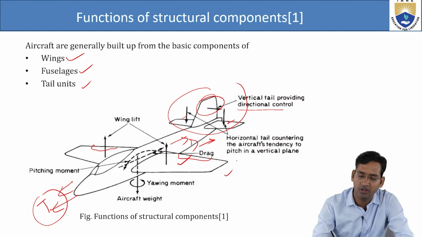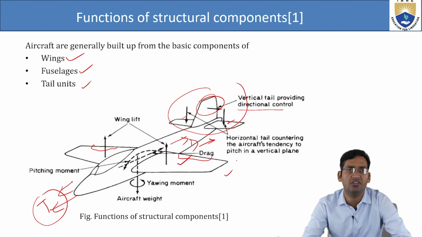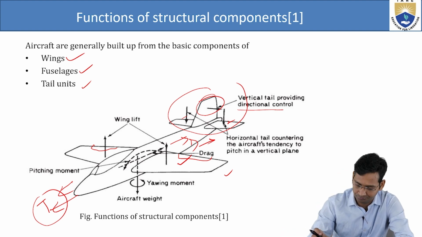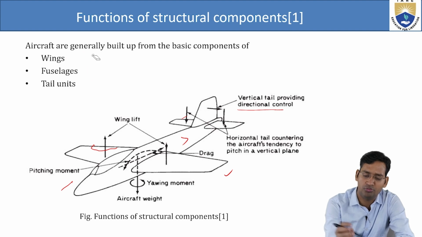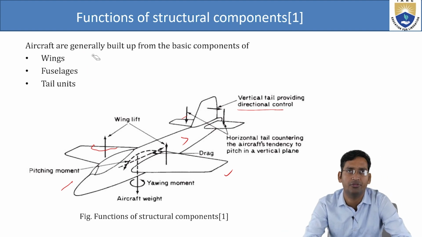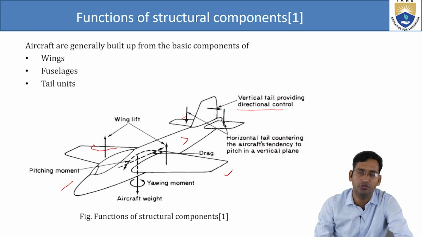So thrust should always be higher, much higher compared to the drag, so that the aircraft moves forward. These are the components of the aircraft, mainly three: wings, fuselage and tail unit.